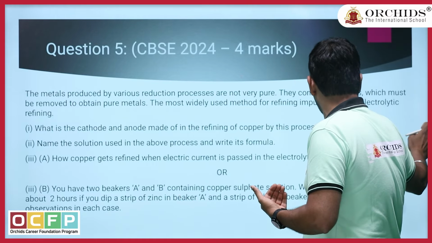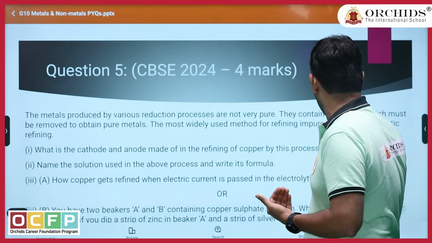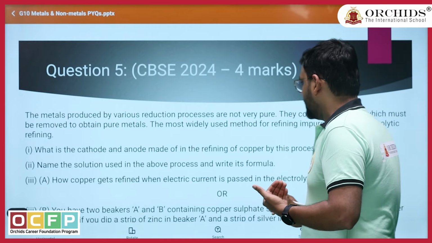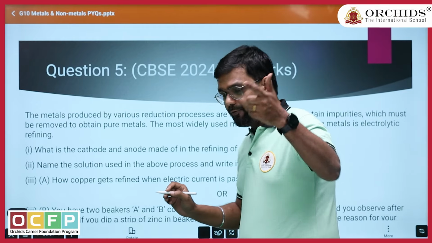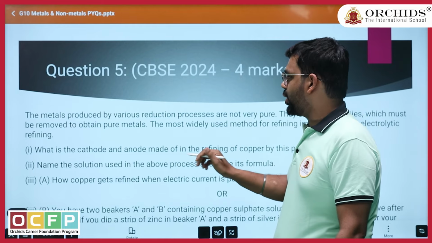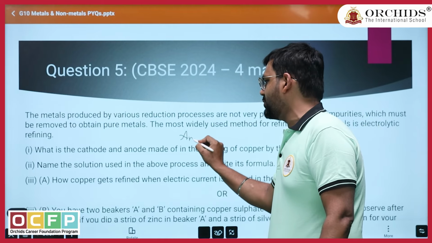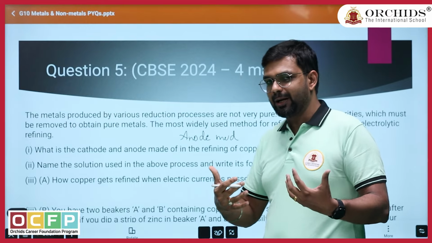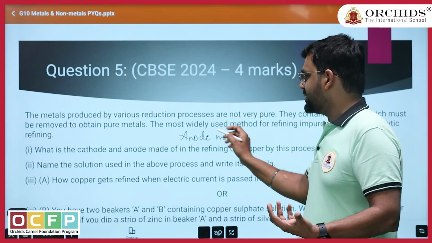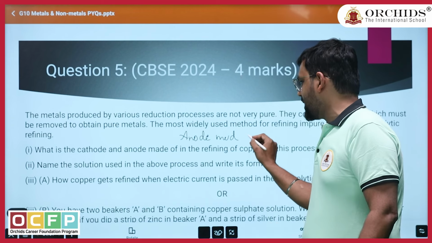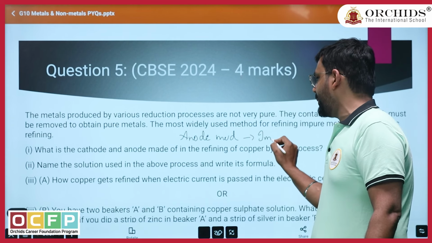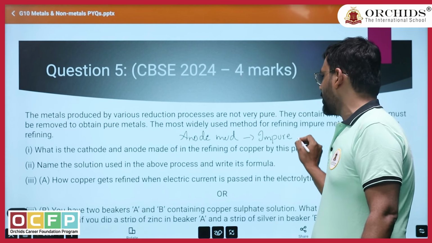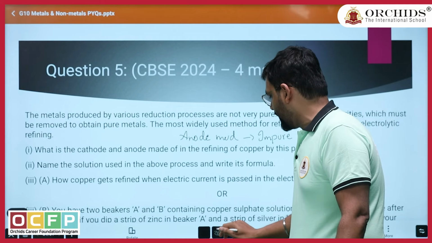Remember this always. I used to tell my students that when we are studying this process, we come across a word called anode mud. So where do you get mud? Where there is dirt. That means the anode has dirt. So I'm going to take my impure copper metal in the anode.